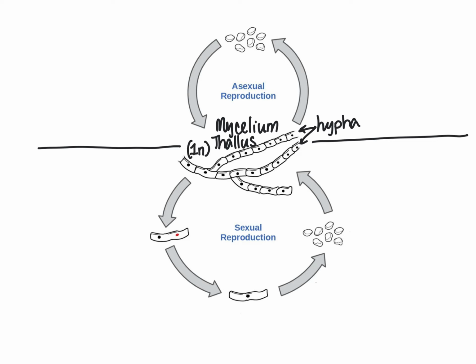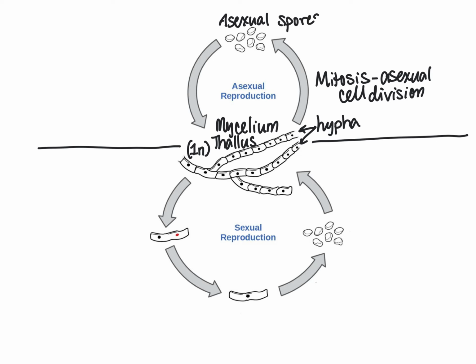Now, during asexual reproduction, this arrow here stands for mitosis, which is a form of asexual cell division. Mitosis forms these asexual spores, and these spores are also going to be haploid.